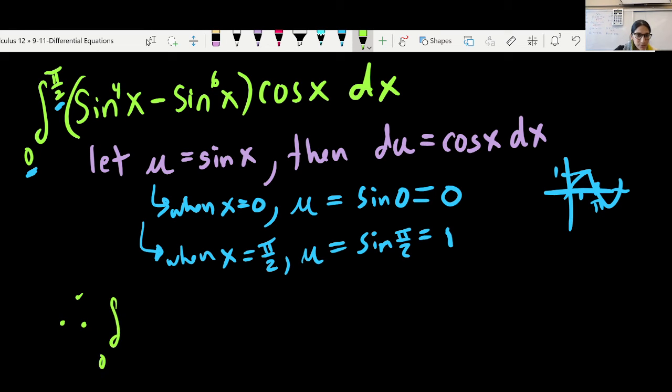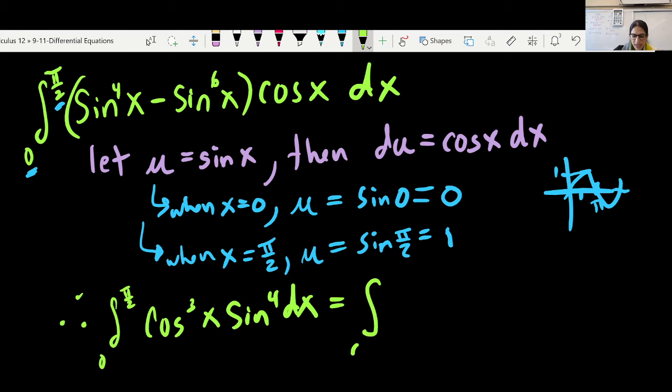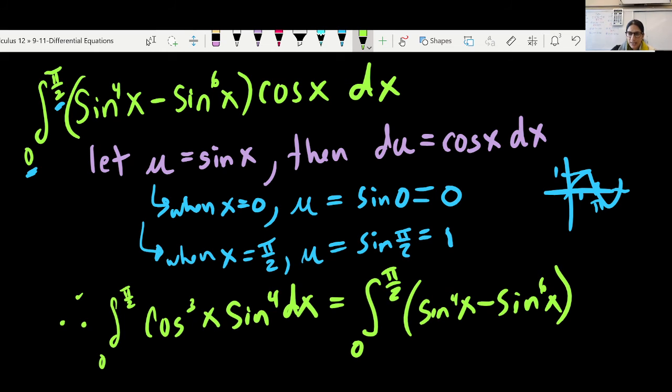When we integrate from 0 to pi over 2 of cos cubed x sine to the 4 dx, that would be the same thing as saying 0 to pi over 2 of what we just came up with, sine to the 4x minus sine to the 6x times cos x dx.